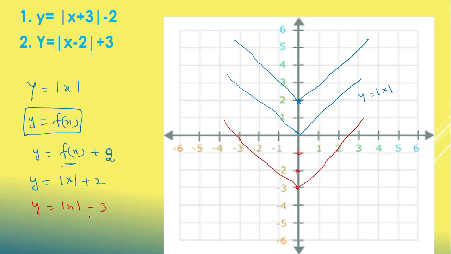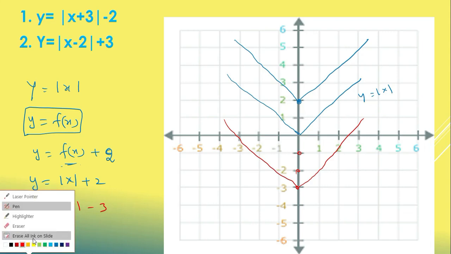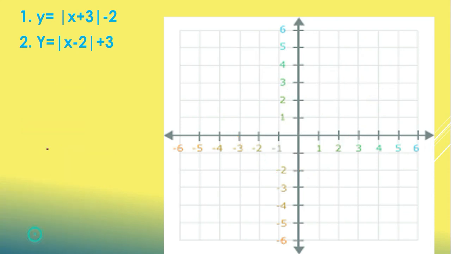Okay, what happens if I add or subtract with the variable, not with the function? Addition or subtraction outside will move the graph up or down. What happens if I do addition or subtraction inside the function? We know y is equal to absolute value of x, so V, isn't it?